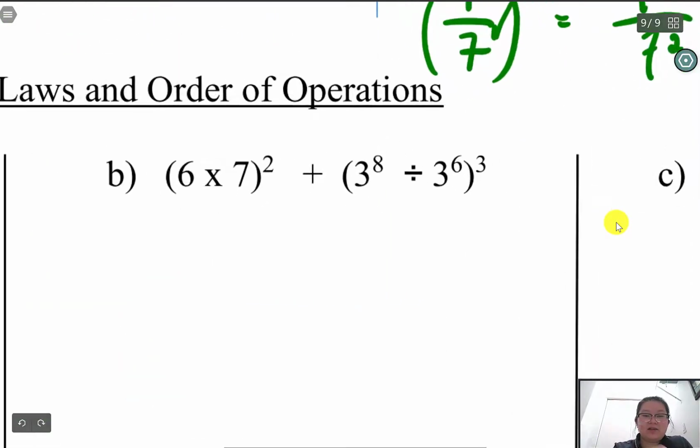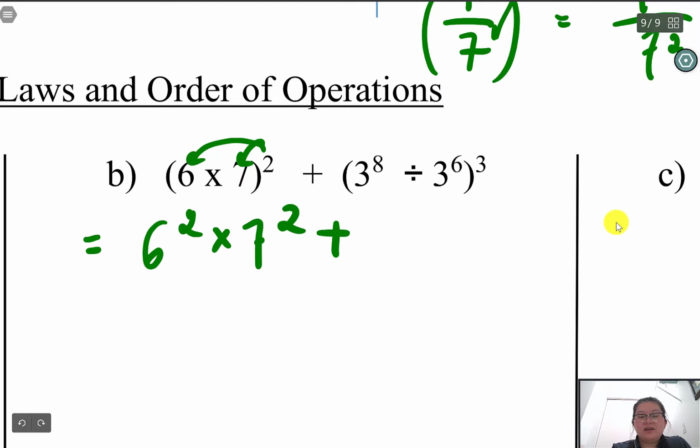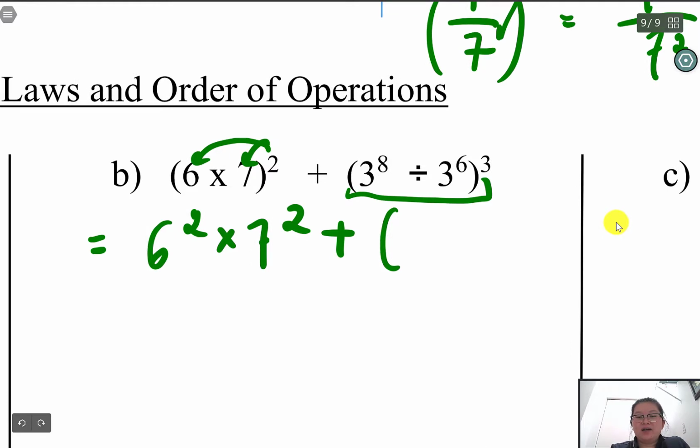Okay, let's go over this one. I get 6 times 7, and no way to simplify that. So we've got to go straight to applying the exponent here. So 2 applies to the 6 and applies to the 7. But we can simplify this one inside the brackets here. So that's 3 to the power of 8 divided by 3 to the power of 6. Division means subtracting the exponents.